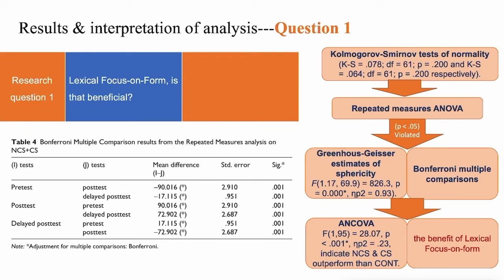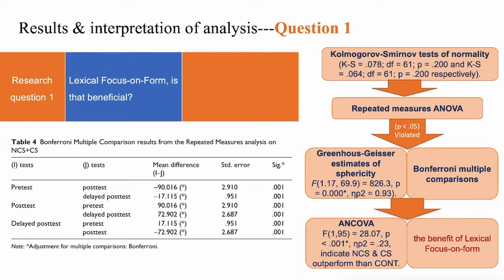We need to recall the research question mentioned earlier. For the first question, you can see the flowchart. To test the normal distribution of the data, the researchers use the KS test of normality, and then they can perform parametric statistics, a repeated measures ANOVA, with the Greenhouse-Geisser estimate of sphericity to correct the degrees of freedom.